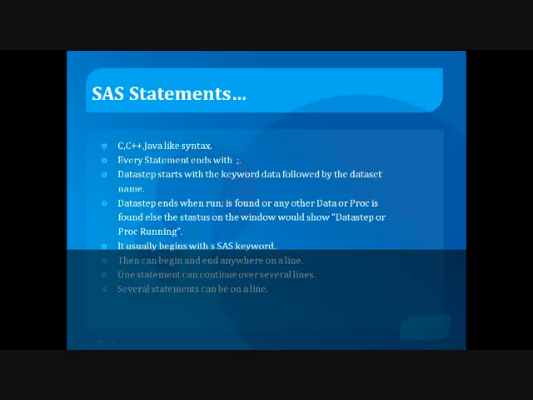A statement usually begins with a SAS keyword, then can begin and end anywhere on a line. One statement can continue over several lines. Several statements can be on a line.